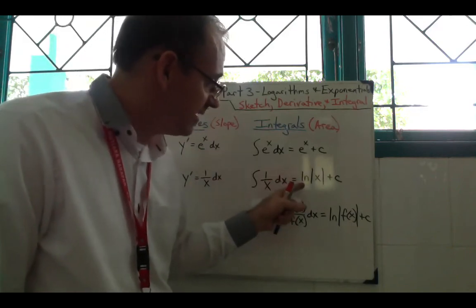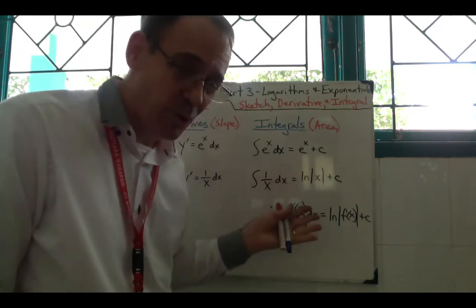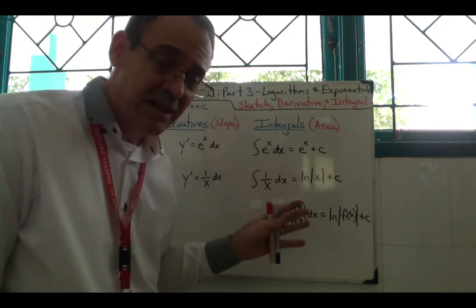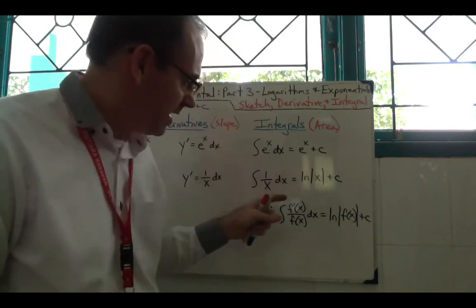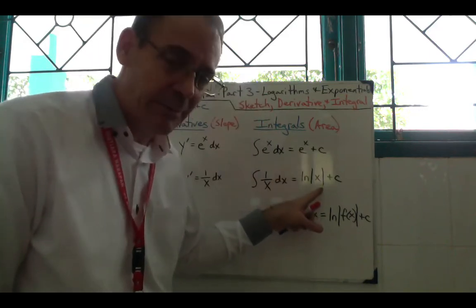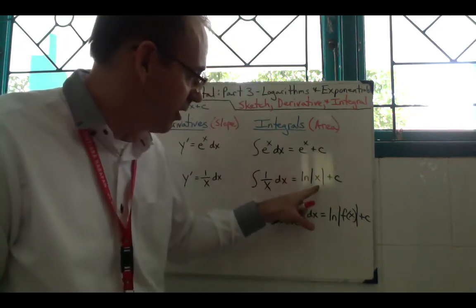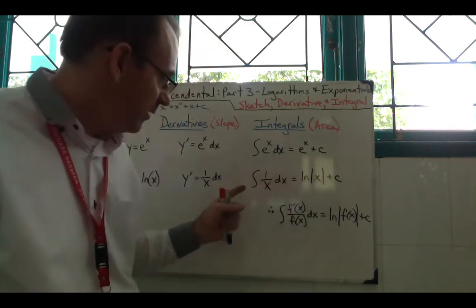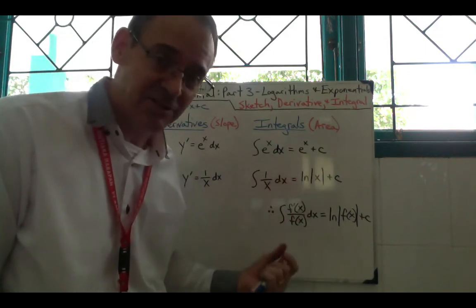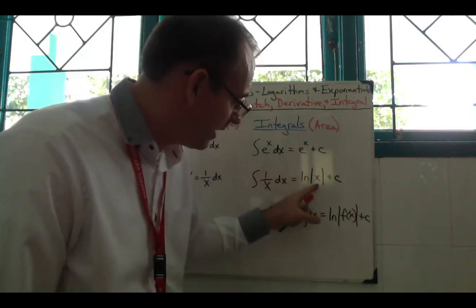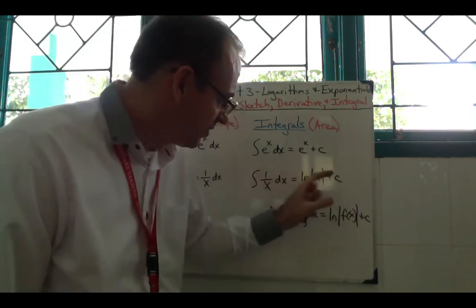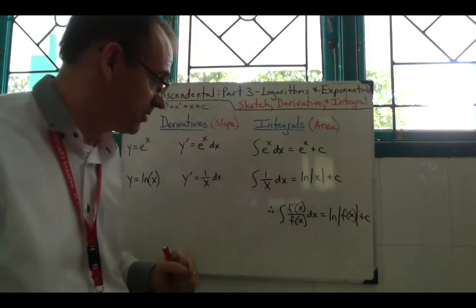But technically, you could probably get away with putting parentheses for the most part. It might catch you once or twice, but technically you're supposed to put absolute value on your argument for a logarithm when you're coming out of an integration situation. So ln absolute value x plus c, again, because there's no bounds of integration.